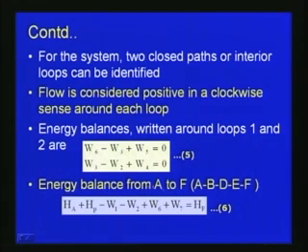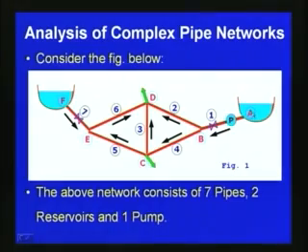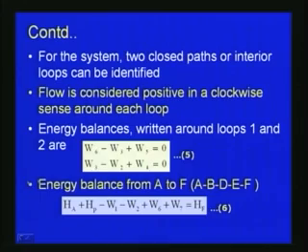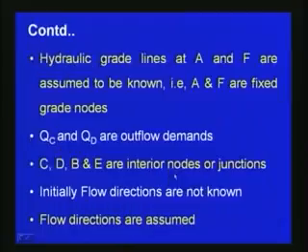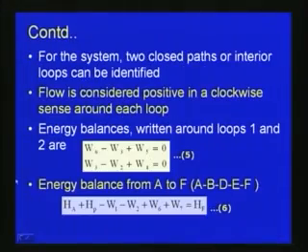Now the energy balance from A to F. If we consider this figure, from reservoir A to reservoir F, we can write the equation from A to F by considering A, B, D, E, F. So we can write HA, the head at A, plus HP, the pump head, minus W1 minus W2 plus W6 plus W7, that is equal to HF.